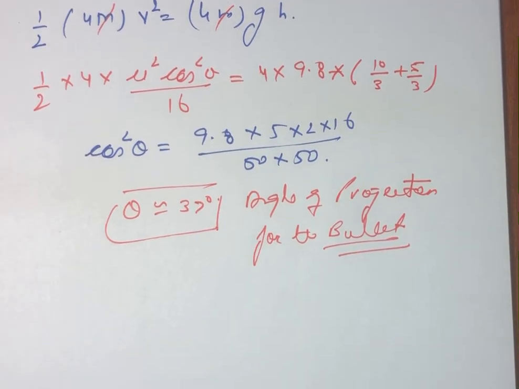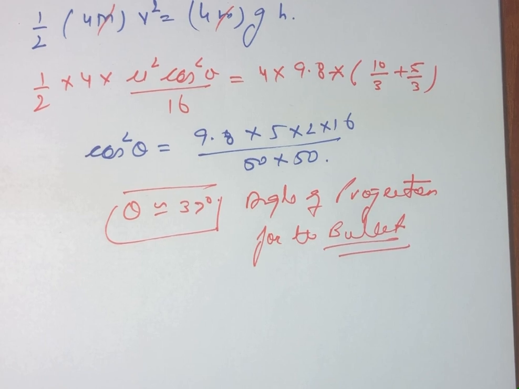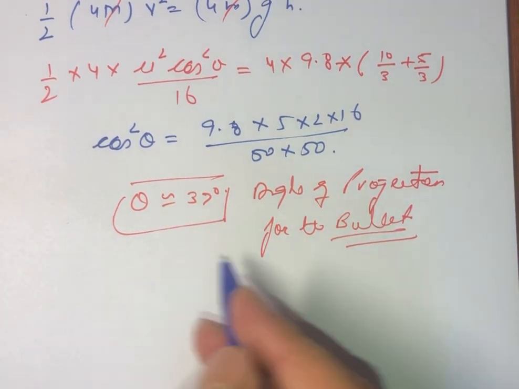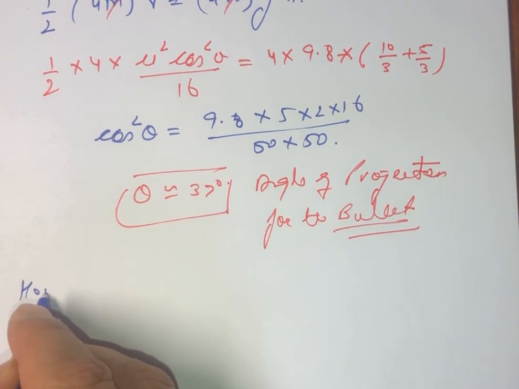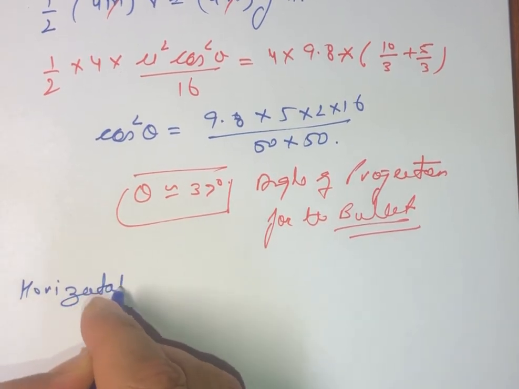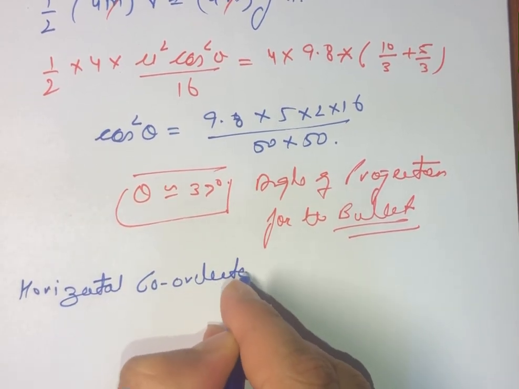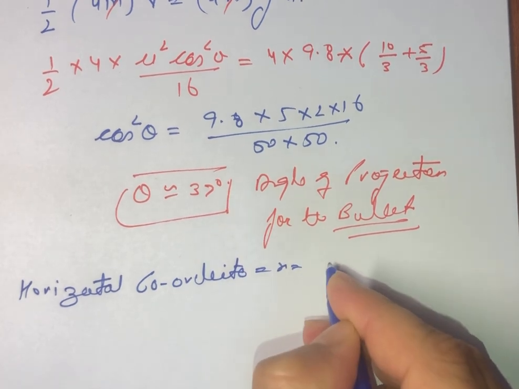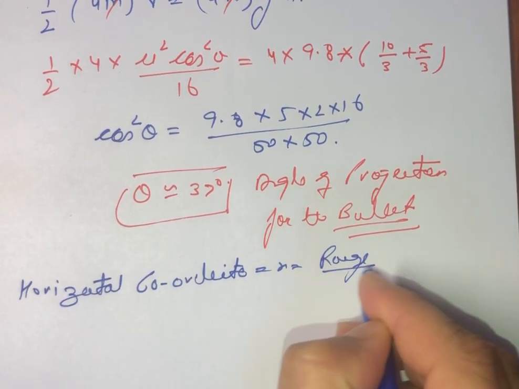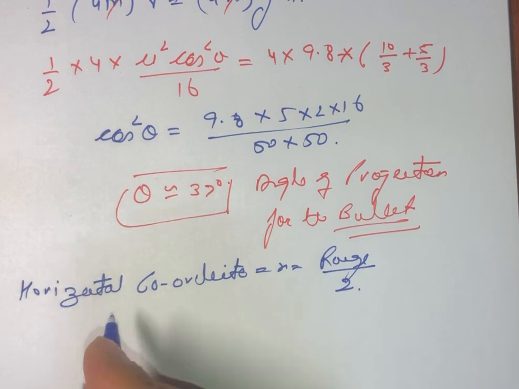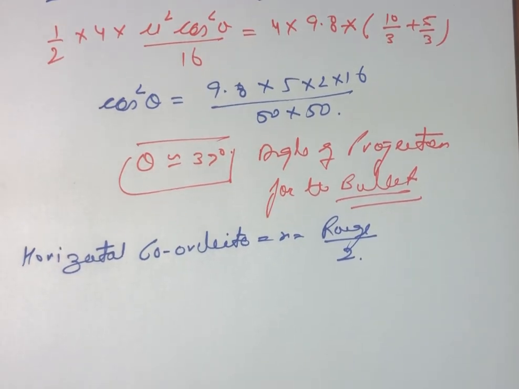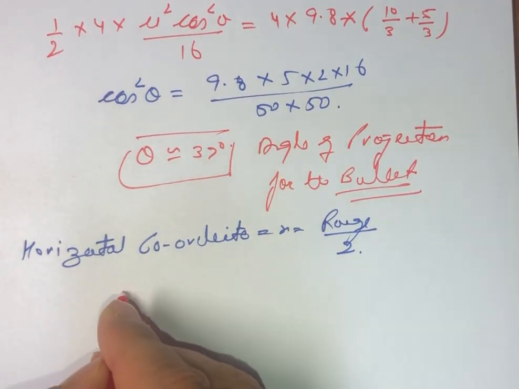In the B part, we are supposed to find out the horizontal as well as vertical coordinate, and so we can say the horizontal coordinate, that is x, will be equal to range divided by 2, and we already know the formula for the range, so we can write it here.